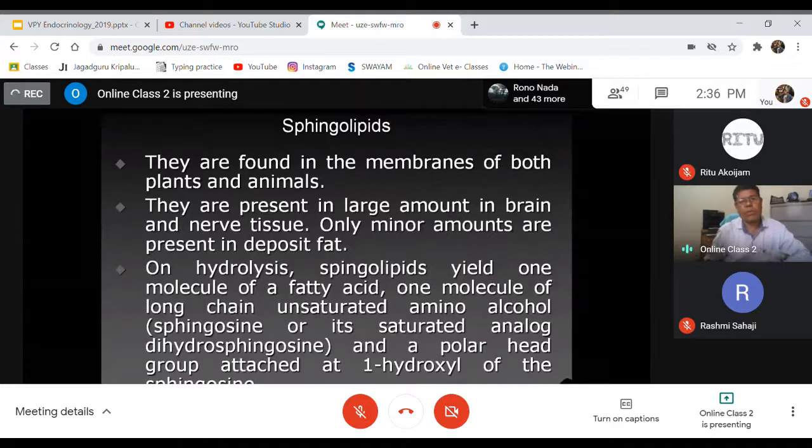So it contains one fatty acid, one alcohol, which may be sphingosine or the dihydrosphingosine, and a polar head group. Okay, so these are the components when the sphingolipids are hydrolyzed. So it does not contain the glycerol, because instead of glycerol, the sphingosine or the dihydrosphingosine is present.